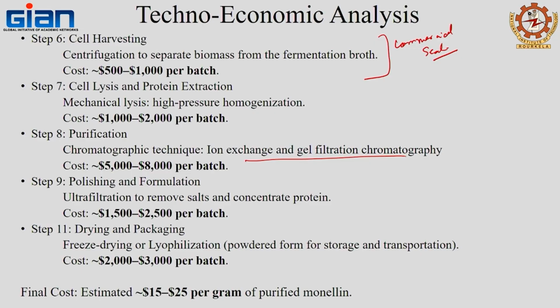For polishing and formulation, like ultrafiltration, it will be around $1,500 to $2,500 per batch. For drying and packaging, like lyophilization, as it is very costly, it is around $2,000 to $3,000 per batch. And the final cost, for the purified monellin to be sent to the market, the estimated price is around $15 to $25 per gram.